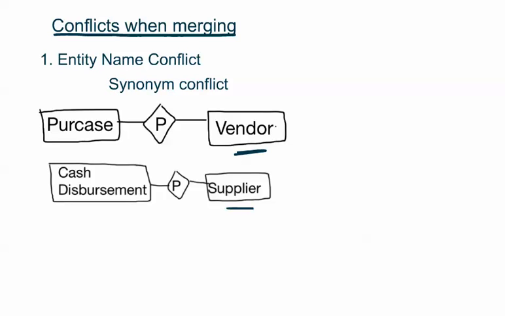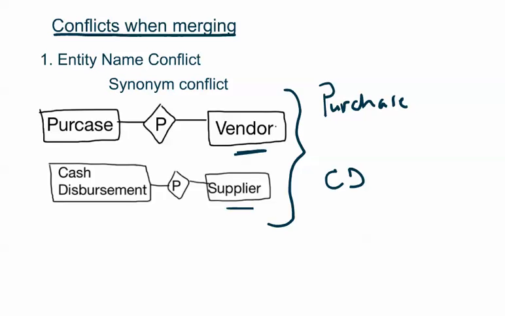So in the end, you are going to have the following. You will still have your purchase entity, and you will have a cash disbursement entity.